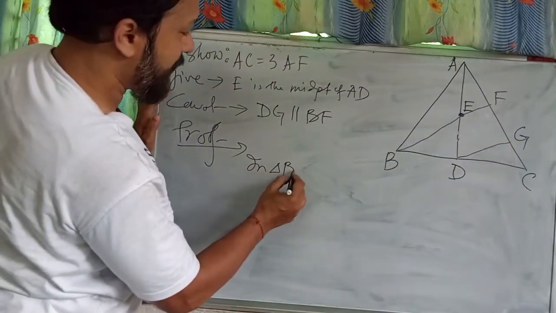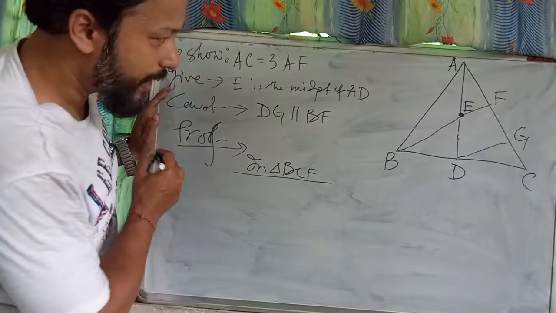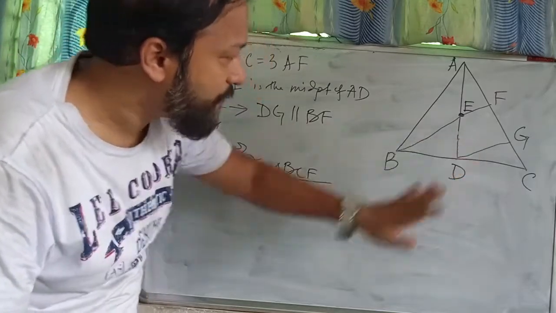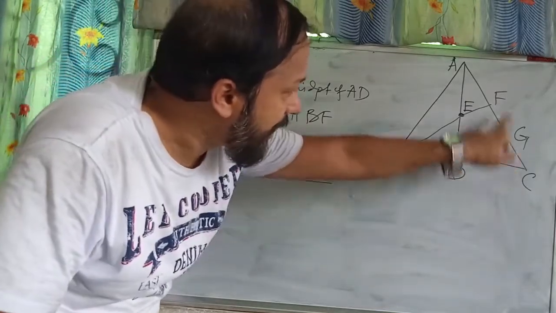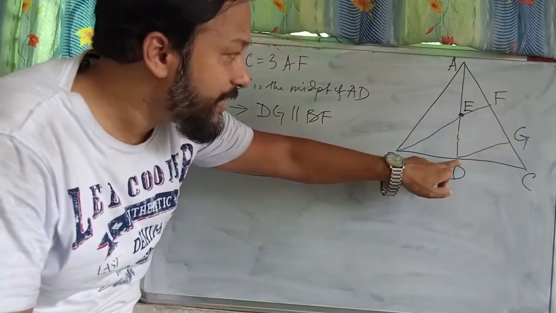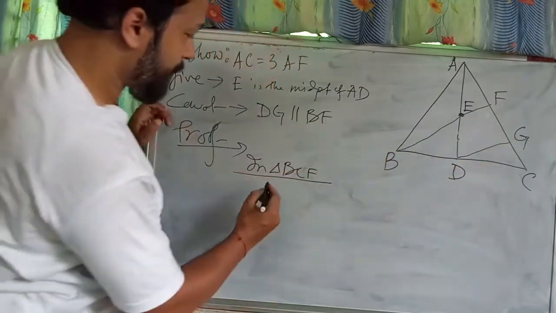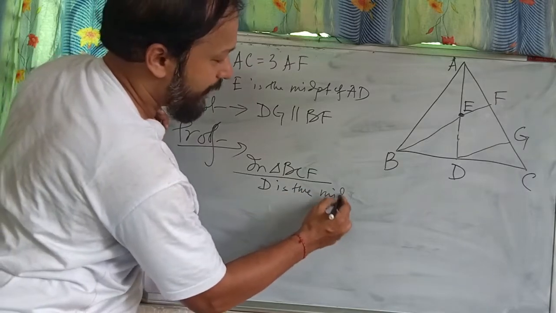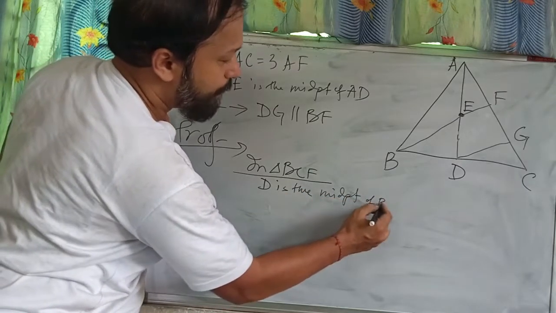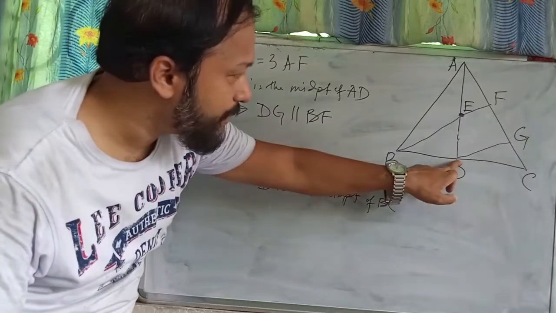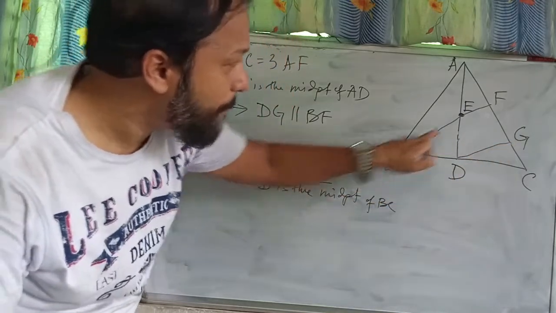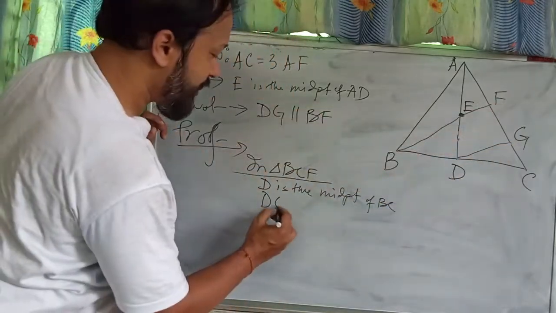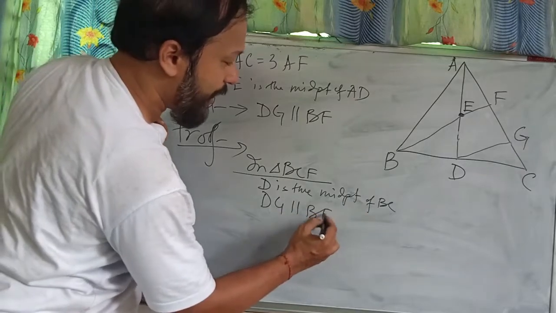In triangle BCF, D is the midpoint of BC and DG is parallel to BF.